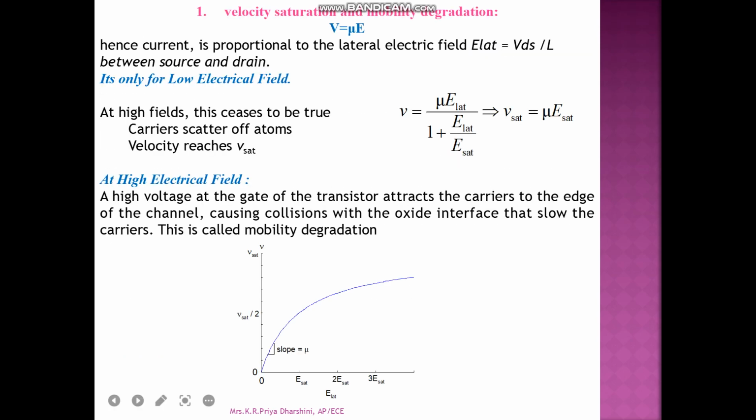Velocity saturation and mobility degradation: the velocity V is equal to mu into E lateral. Hence current is proportional to the lateral electric field. E lateral is equal to VDS divided by L between the source and drain.